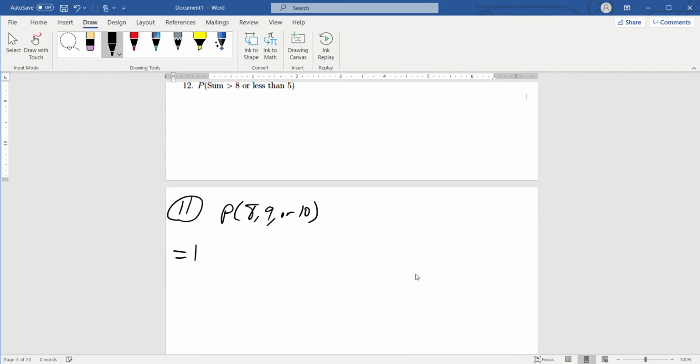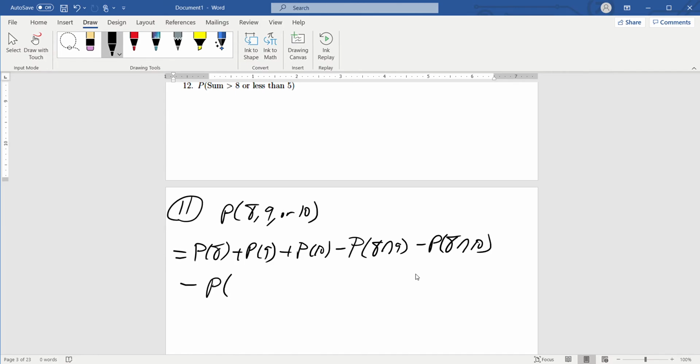So that will become the probability of an 8, probability of a 9, probability of a 10, and start subtracting overlaps, which would be 8 and a 9, 8 and a 10, and then I need a 9 and a 10.